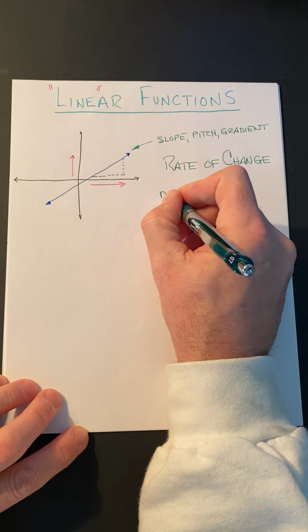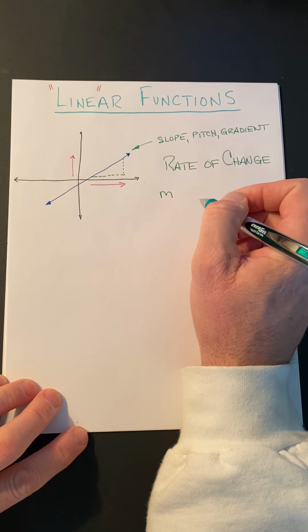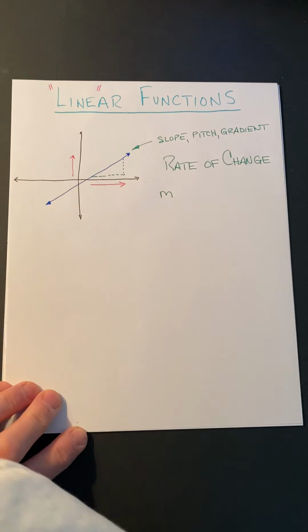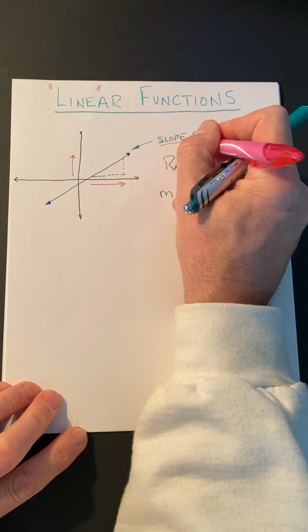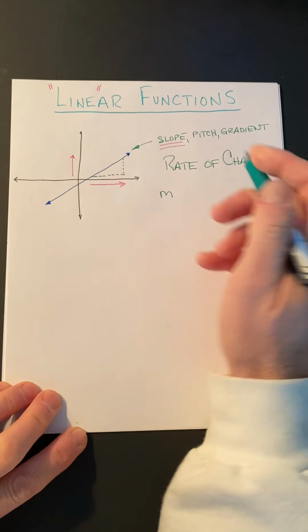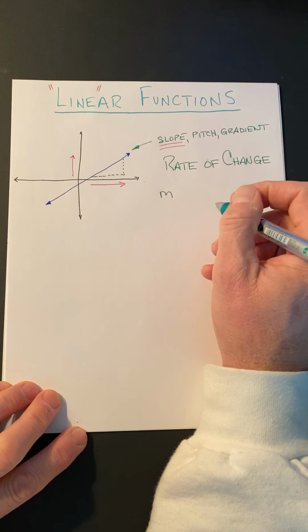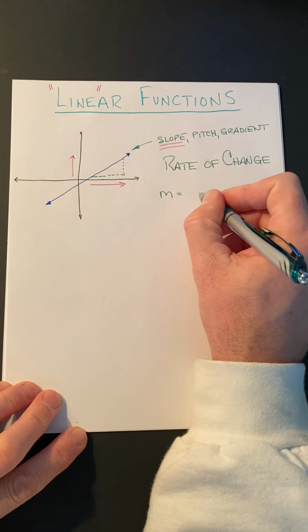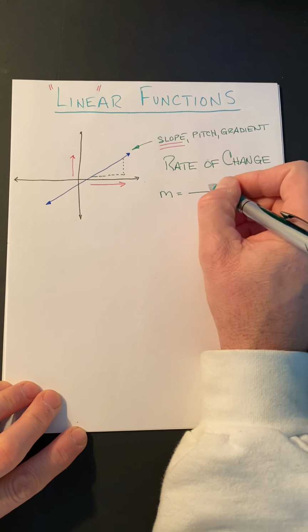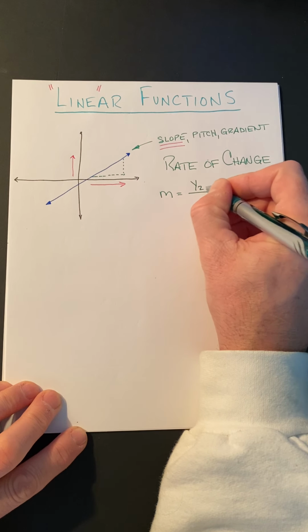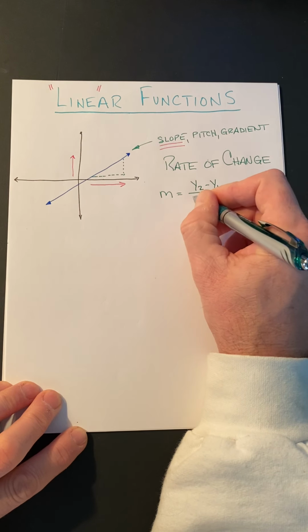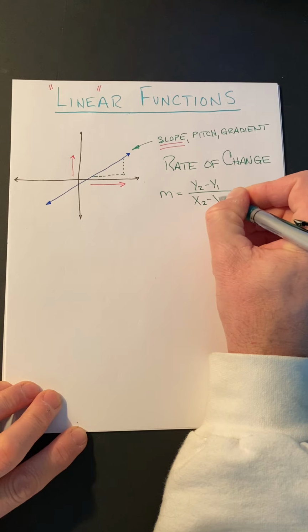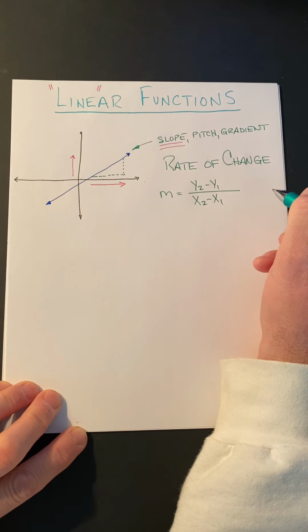And we're going to use the little letter m to indicate slope, okay? Slope is going to be the term that we're going to use relative to this line. And slope is defined as y2 minus y1 over x2 minus x1, okay?